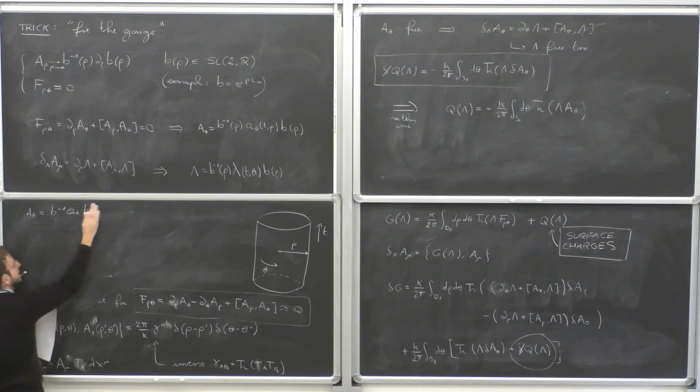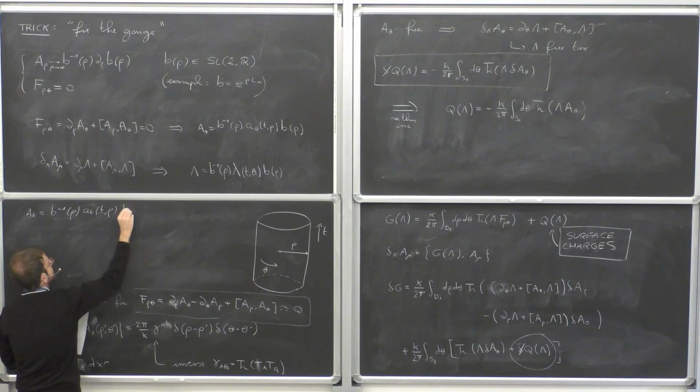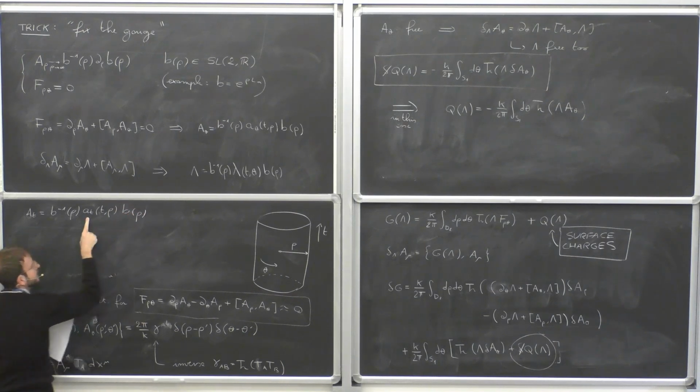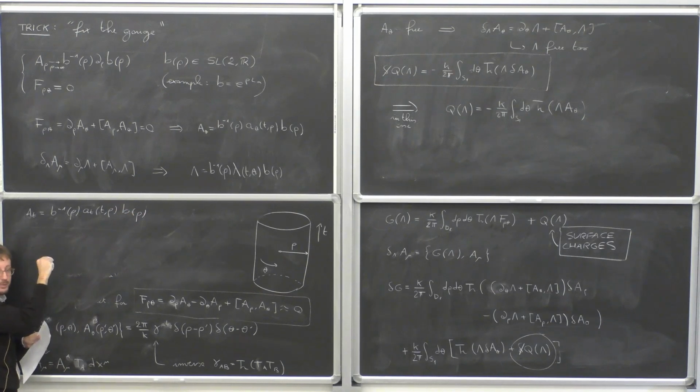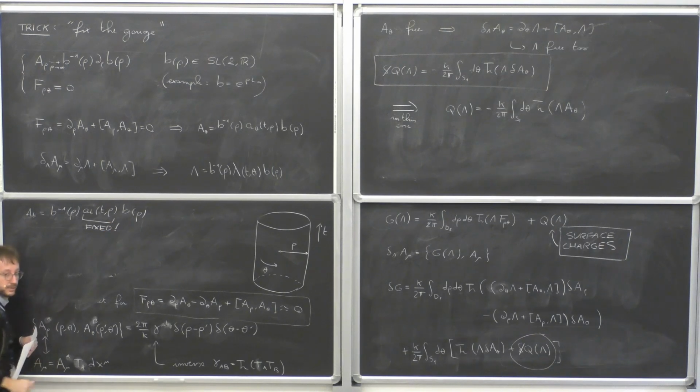But this, well, let me write it because this is important. This guy is the boundary value of the Lagrange multiplier, so it's something that is fixed once and for all. It's part of my way of setting the boundary condition. This I fixed; it is a parameter in my theory.